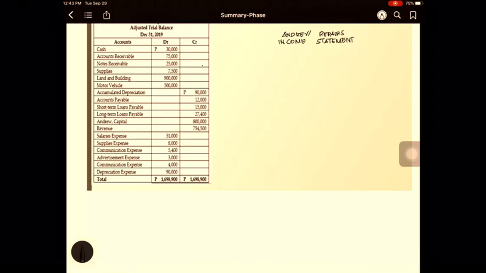So at the start of the next accounting period, the balances of these particular accounts are still zero.